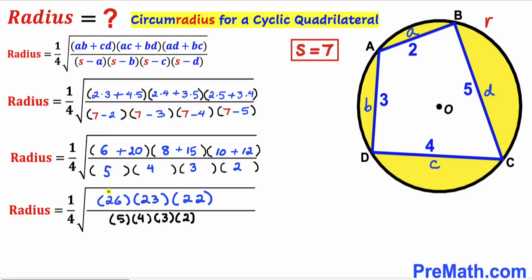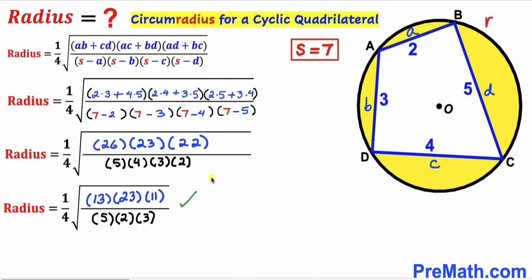Now let's tweak this 26. 26 could be written as 2 times 13, so I can write 13 over here, and this reduces with 2. Likewise, this 22 could be written as 11 times 2, so I write down 11, and this 4 becomes 2.